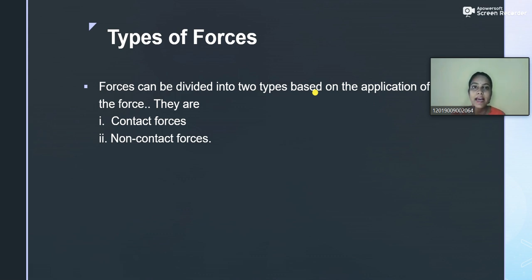Force can be divided into 2 types on the basis of their application. So what are the 2 types? The 2 types are contact forces and non-contact forces. Now we will study in detail the contact forces and the non-contact forces.